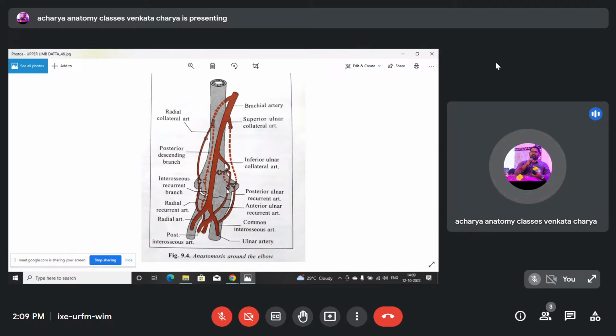Next, number 4. Anterior descending branch of inferior ulnar collateral artery.